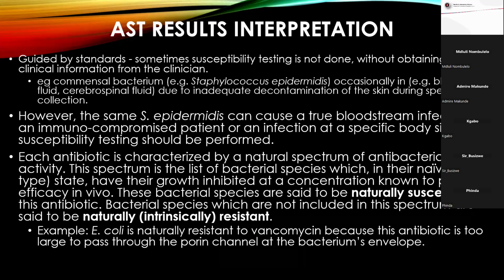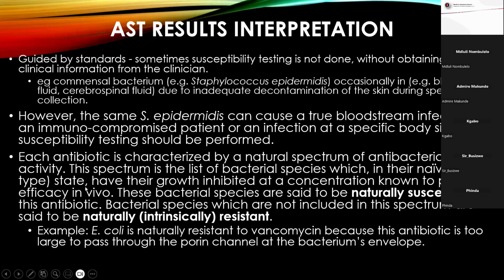But you won't know this, because the same Staphylococcus epidermidis can cause blood infection in cases where the patient is immune compromised or has open wounds, like those bigger wounds. So you need the clinical information for you to interpret or release and also do AST on certain bacteria.